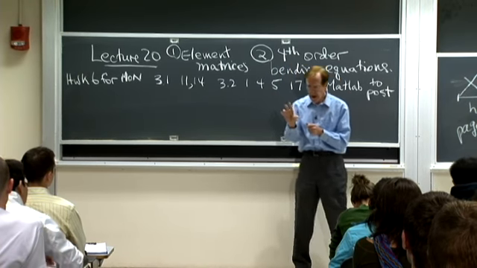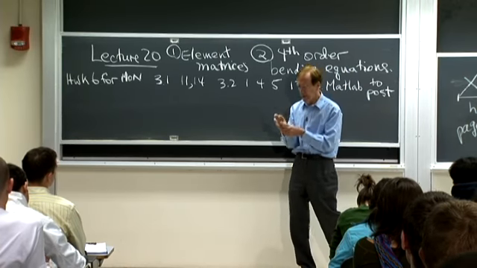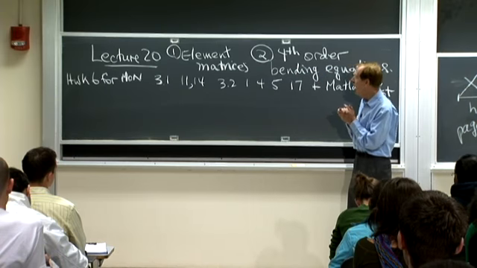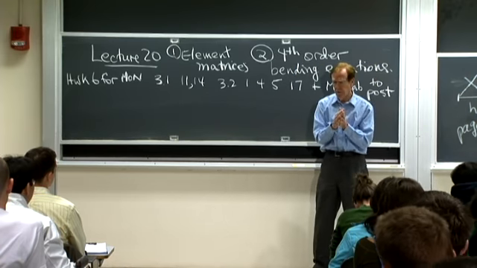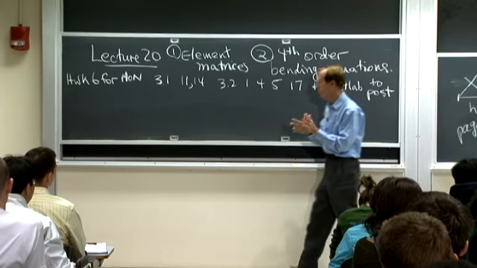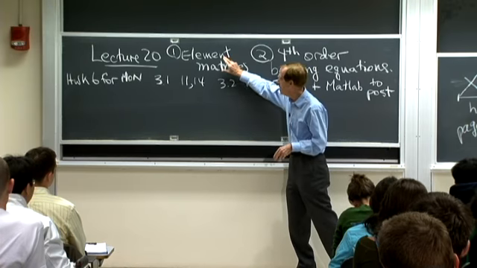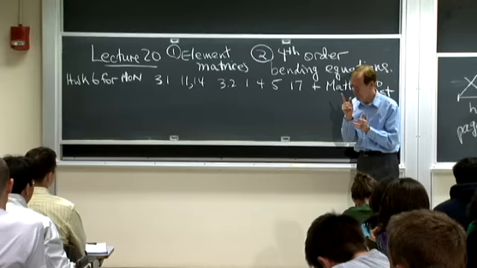An edge in the graph gave us a little 1 minus 1 minus 1 1 matrix that could be stamped in. And now we want to see how does that process work for finite elements, because that's how finite element matrices are really put together, out of these element matrices. Okay, so that's step one.